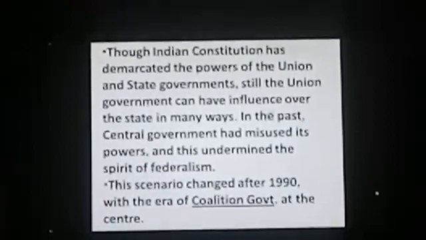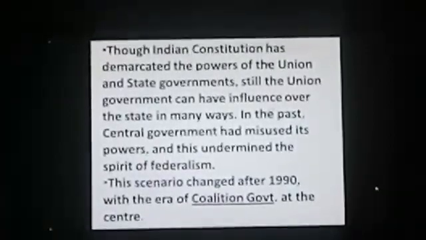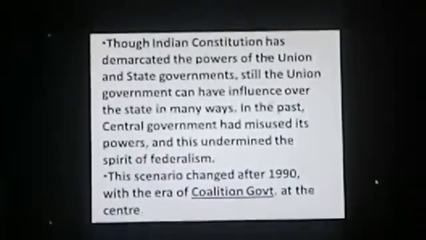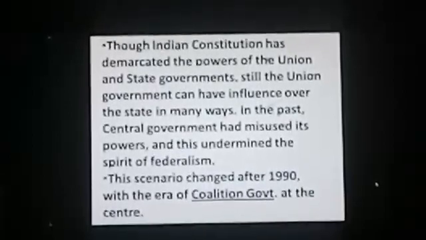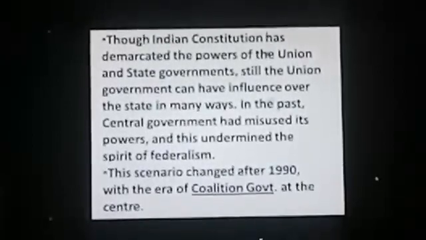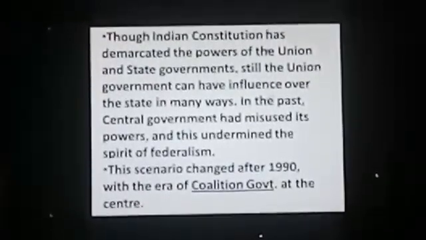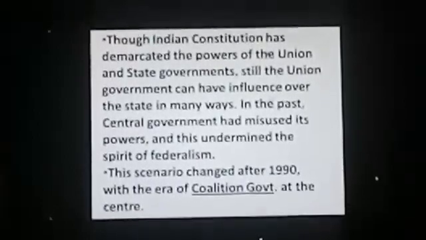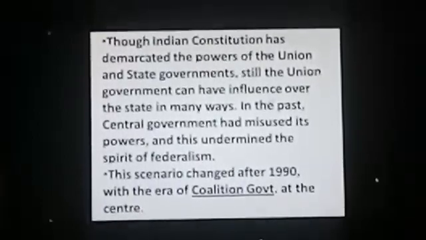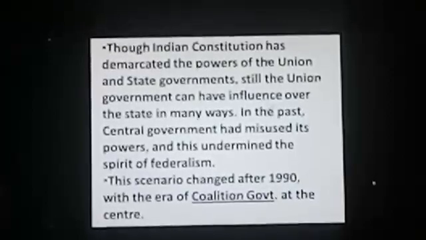Now it is possible that no single political party may get the support. In such a situation, two or more parties may form an alliance. This scenario changed after 1990 with the era of coalition government at the center.